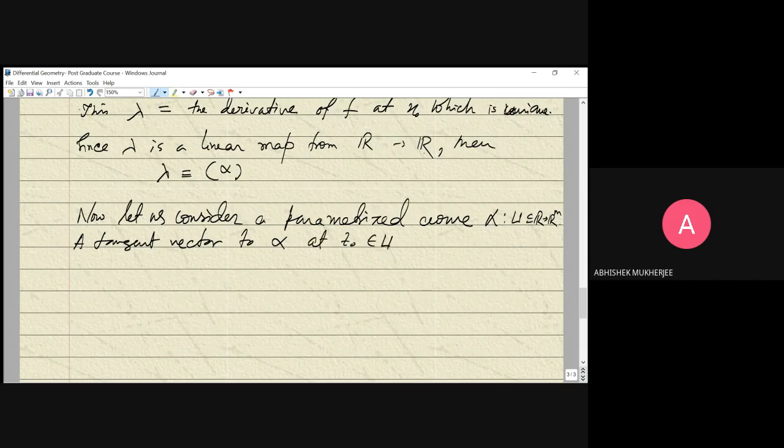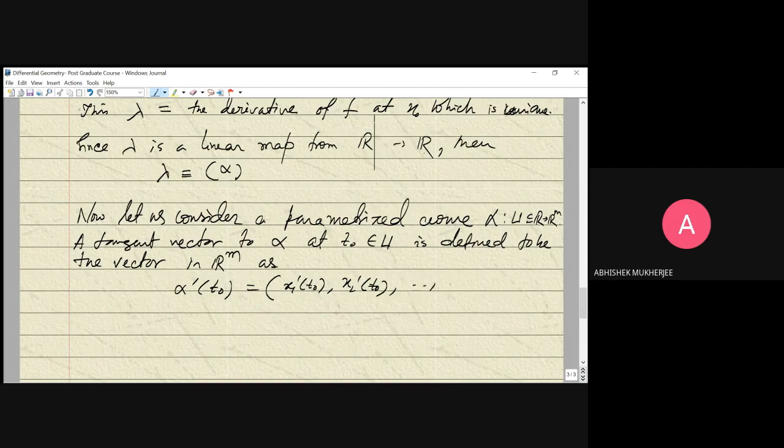Suppose at t naught is defined to be the vector in Rm as alpha dash t naught is equal to x1 dash t naught, x2 dash t naught, up to xm dash t naught.